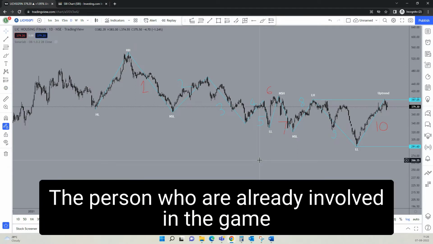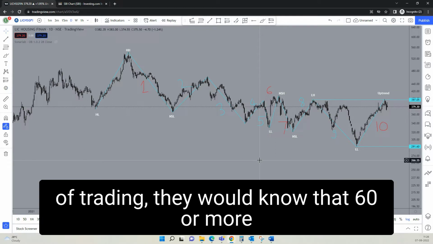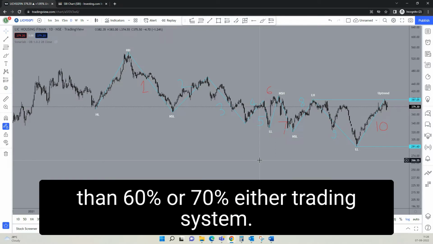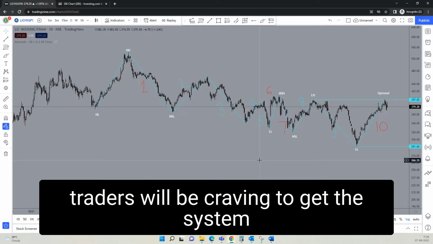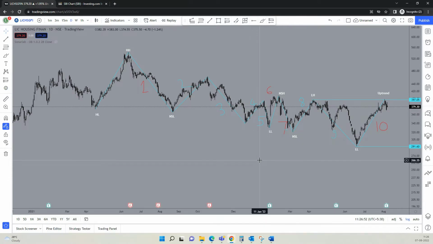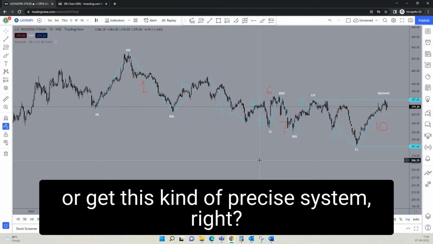The persons who are already involved in the game of trading would know that 60 or more than 60% or 70% is a great trading system. Many banks or institutional level traders would be craving to get this kind of precise system, right?